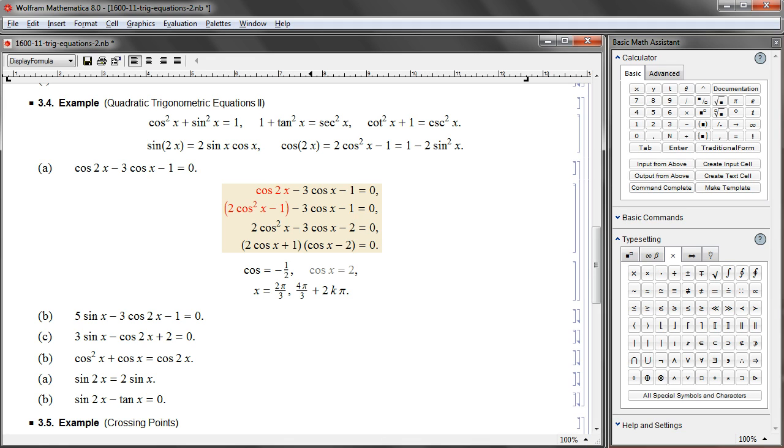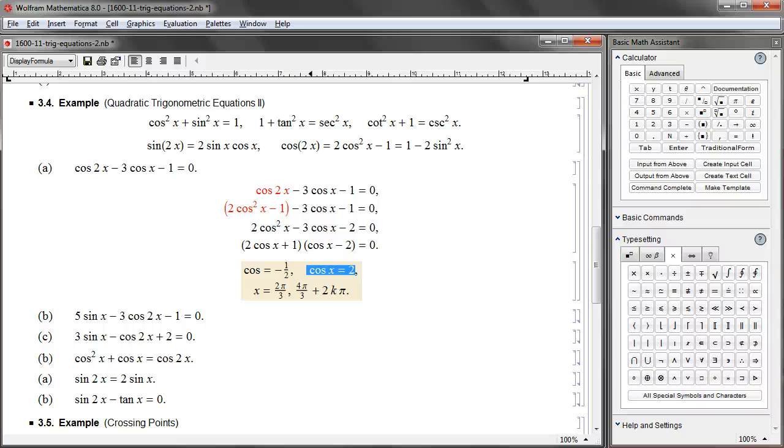So cosine of x is equal to either negative 1/2 or cosine of x is equal to 2. I hope everybody sees immediately that cosine of x equals 2 is meaningless. Cosine function is bounded between negative 1 and positive 1, so it cannot reach 2. So that's extraneous, that's out.